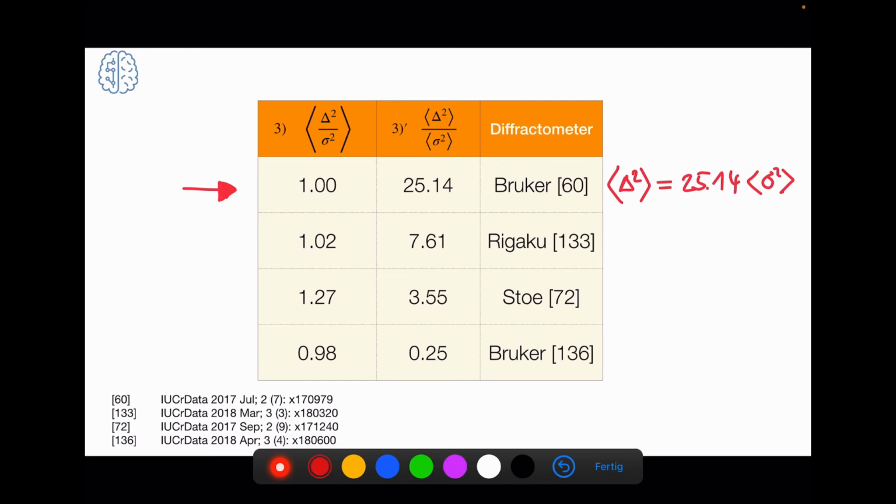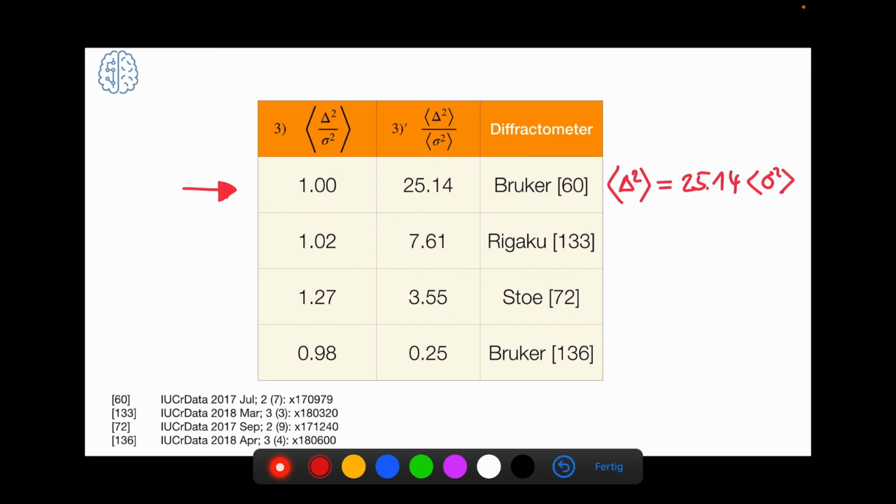And I hope you are shocked by now, or at least surprised, because would you guess from knowing that the mean squared weighted residual equals 1, that something like that would even be possible?